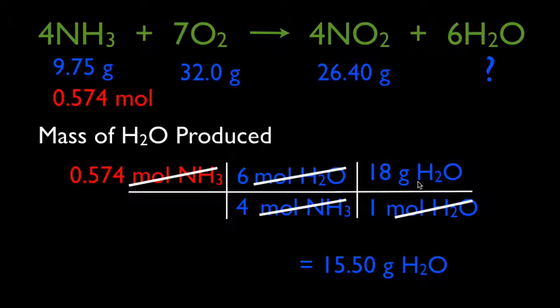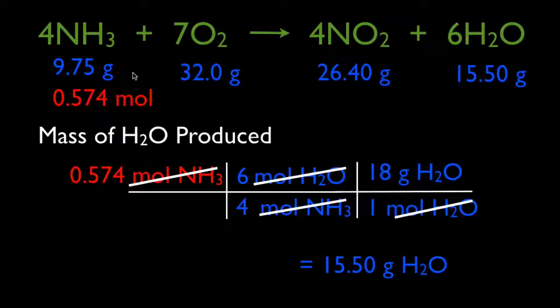Okay, so that tells me the masses of each of the two reactants, and this is how much of each product I'm going to produce. If you add the mass of the reactants up and the mass of the products up, they should be equal to each other, because that is conservation of mass.